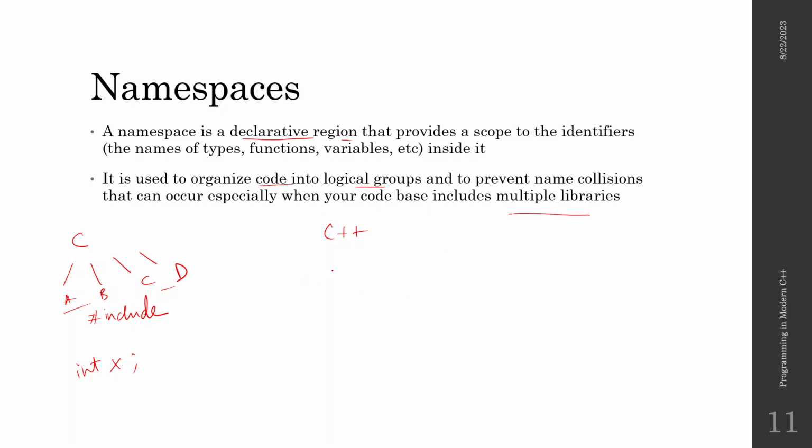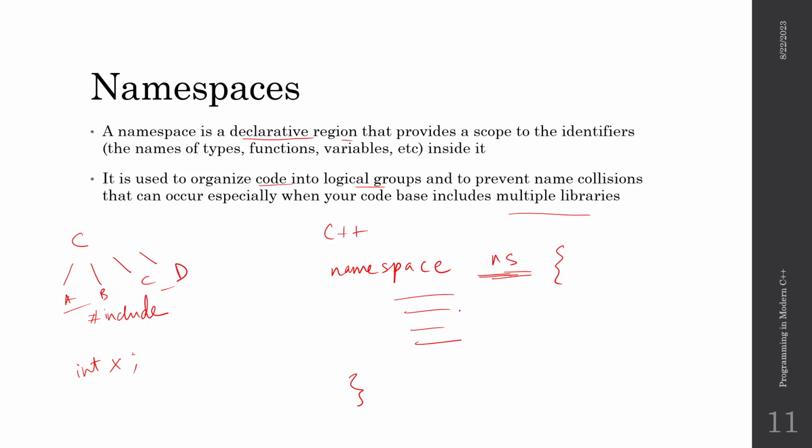wherein you write the keyword namespace, and then you write some name. Okay, let us say ns, and then inside this namespace you write whatever you want. Okay, classes, functions, and variables.